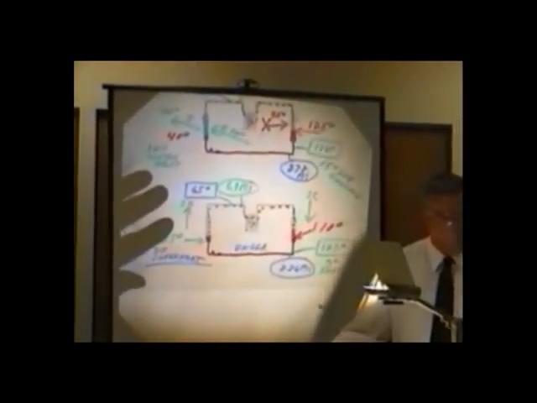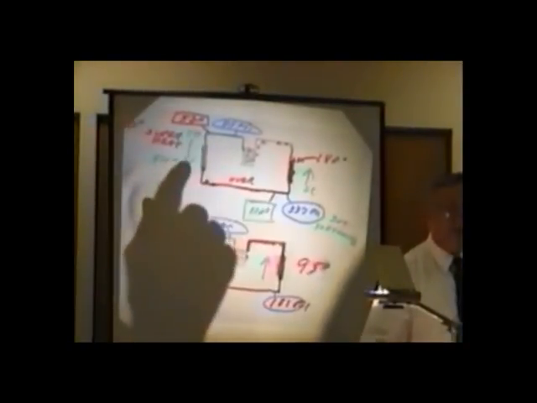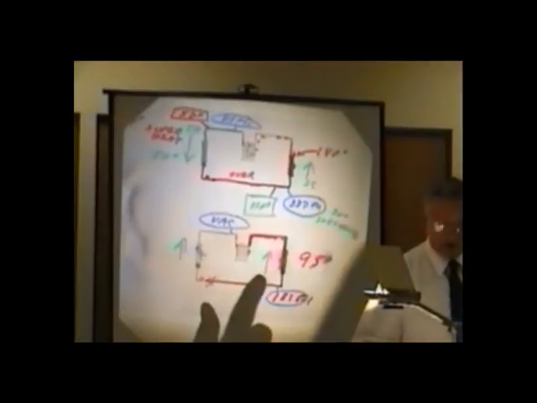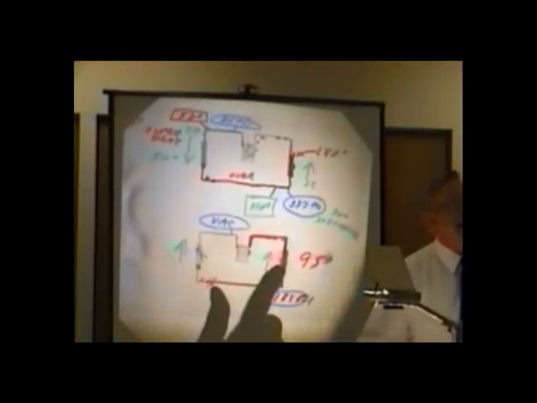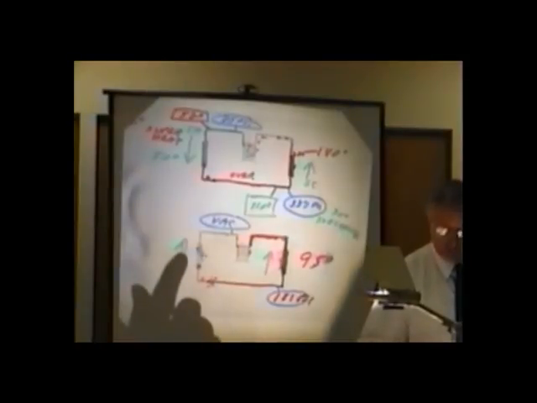Subcooling and superheat are important. I'm going to review one more time and then show you the chart. Undercharge: subcooling down, superheat up. Overcharge: subcooling up, superheat down. Restriction: subcooling up because we're stacking refrigerant, superheat up because we're starving the evaporator.